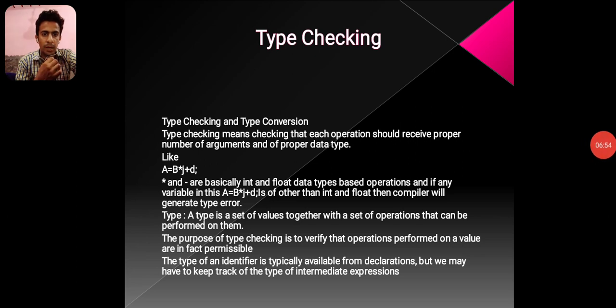The purpose of type checking is to verify that operations performed on values are in fact permissible. The type of an identifier is typically available from its declaration, but we may have to keep track of the types of intermediate expressions.